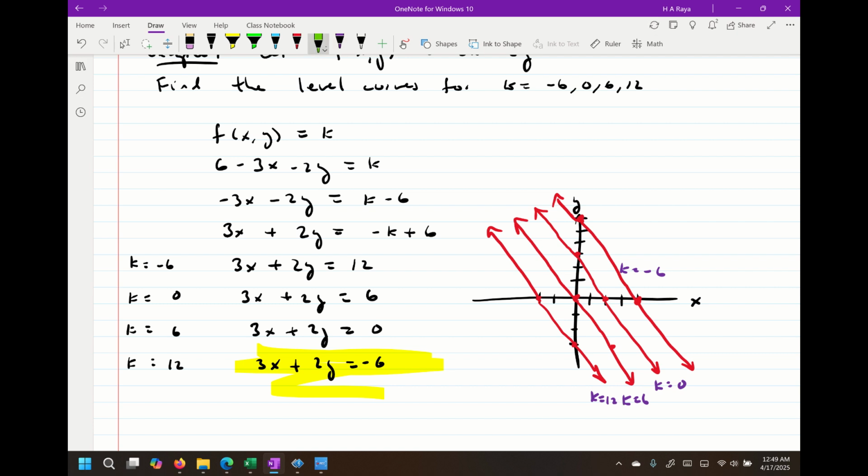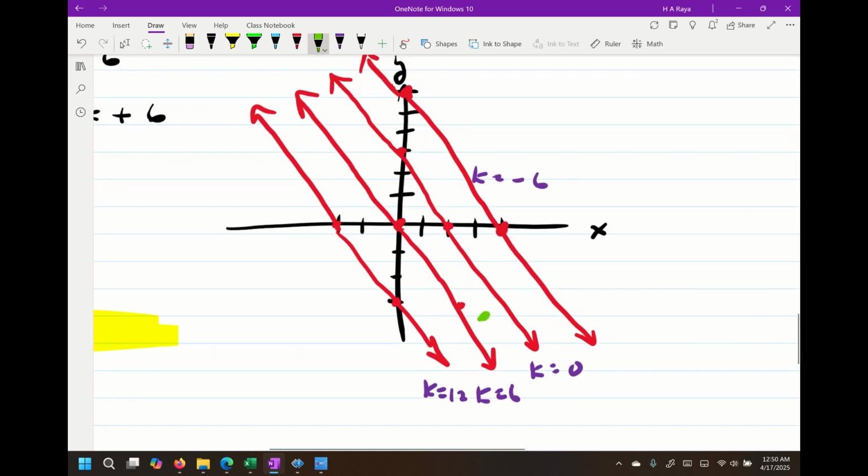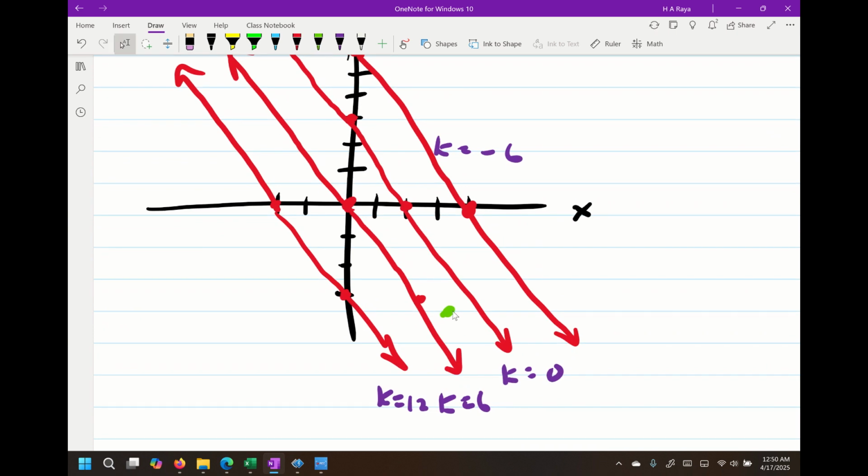So again, level curves are attempting to take something that is three-dimensional and project its information into something that is two-dimensional. So when your x's and y's, let's say, are right here, if I'm going this direction, am I going up or down?